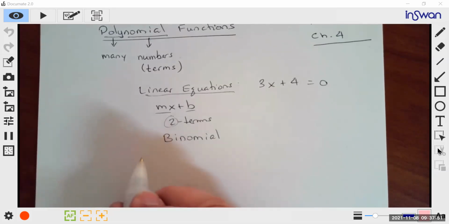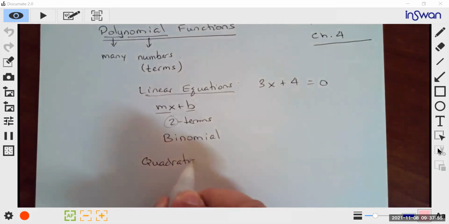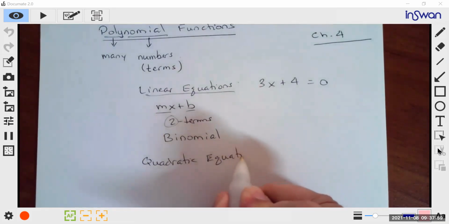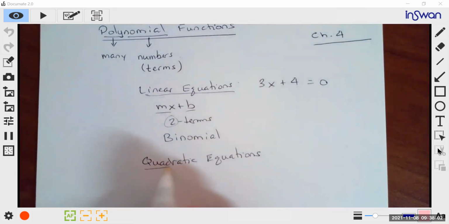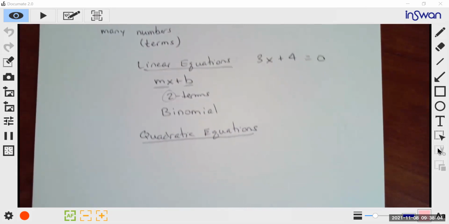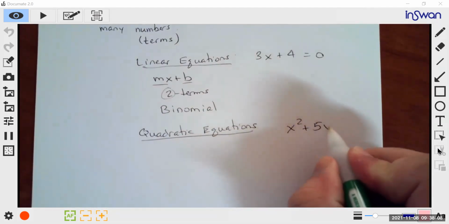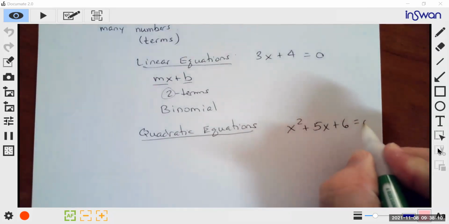The next topic we discussed were quadratic equations. x squared plus 5x plus 6 equals 0.